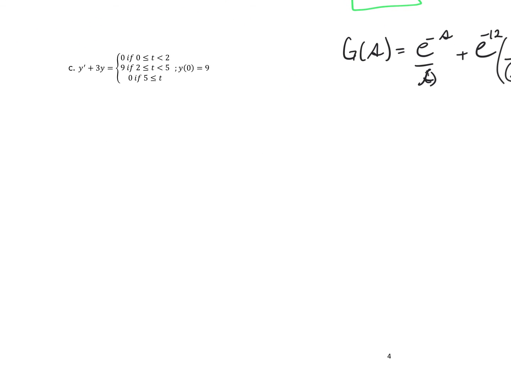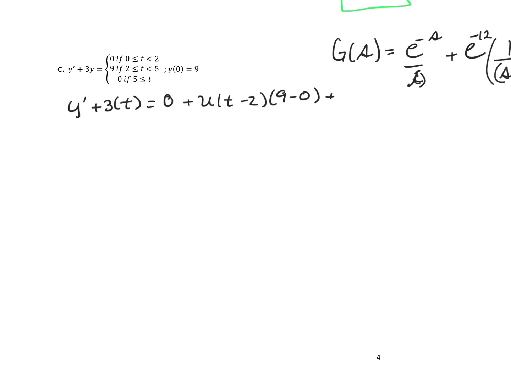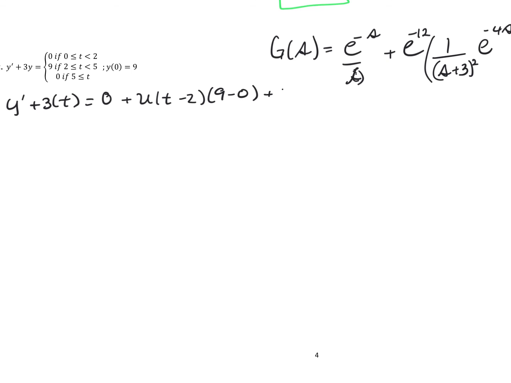So the first thing we're going to do is rewrite this as y prime plus 3 y of t is equal to, I'm going to use the Heaviside or unit step function. It will be my first f of t, so 0, plus u of t minus 2 (9 minus 0), plus u of t minus 5 (0 minus 9), and then that's it.